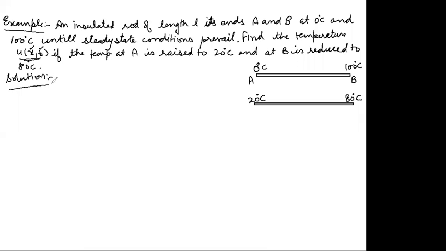The first thing is that we will write its boundary conditions and initial conditions. You see one thing: in case of the wave equation, we had 4 constants and 4 conditions.